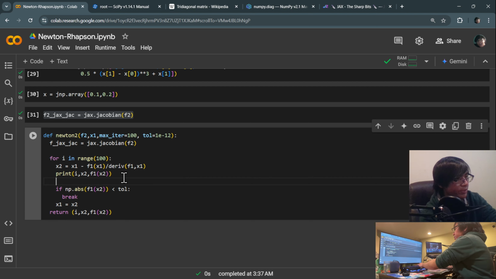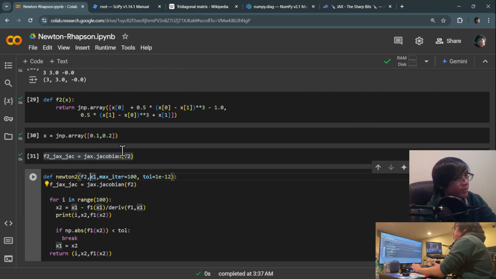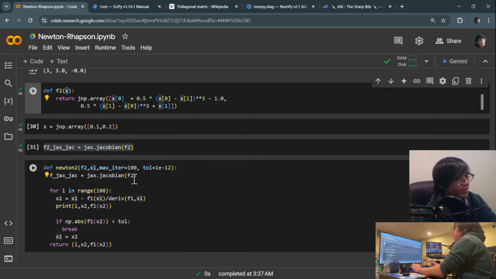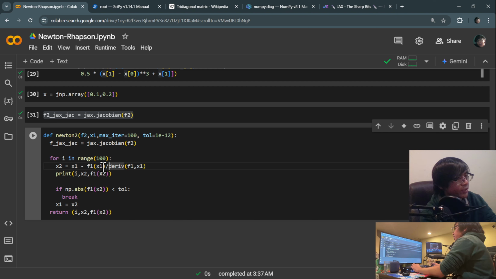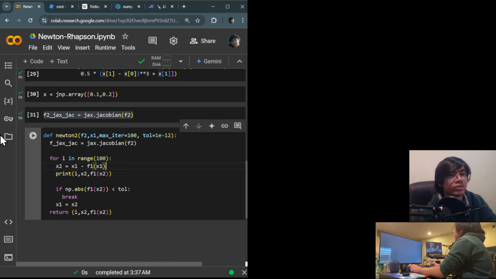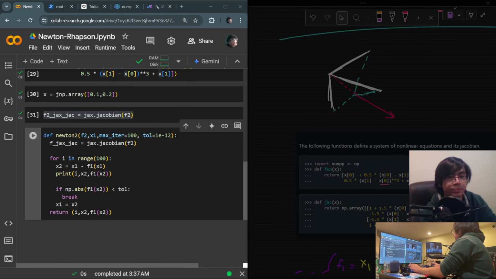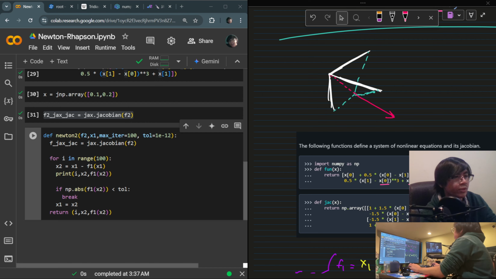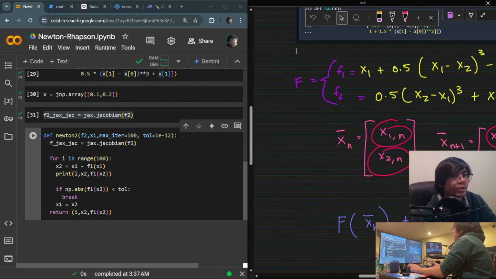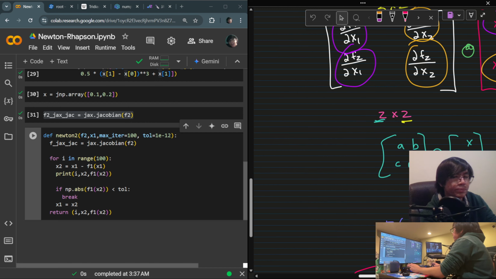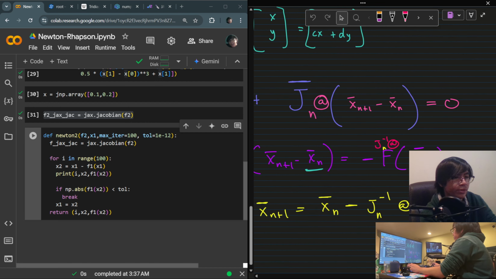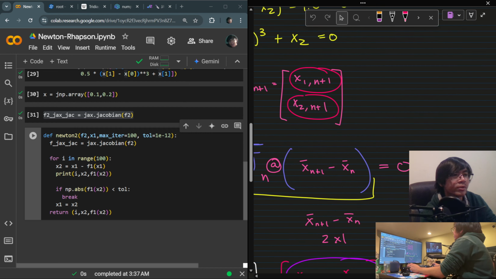So let me break this out a bit. We have our values for x2. These are vectors. x1 should be fine. I know I put x, but it should be okay. Derivative is where we're not doing a derivative. And then if you remember, I'll do a split screen here. Where's my OneNote? We did 40 minutes already. Where are we?